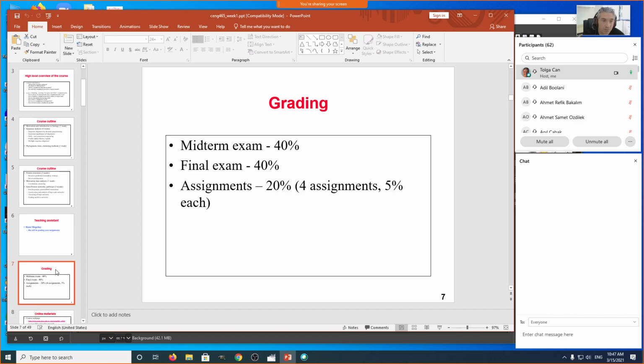So I will post the details about how we're going to conduct the exam when the time comes. But mostly it will be a synchronous online exam, not take-home. It's going to be a synchronous online exam where you may be required to turn on your cameras. And you're going to have 4 assignments, 5% each, and probably 2 of them are going to be programming and 2 written assignments.